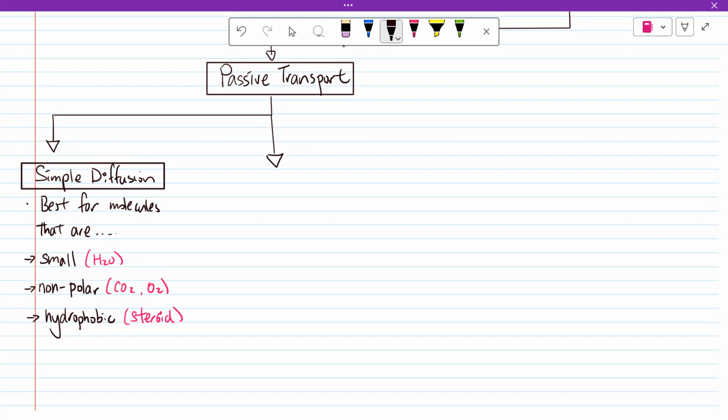And then we talked about osmosis, which is basically diffusion of water. It's a type of simple diffusion, but specifically we're talking about water.